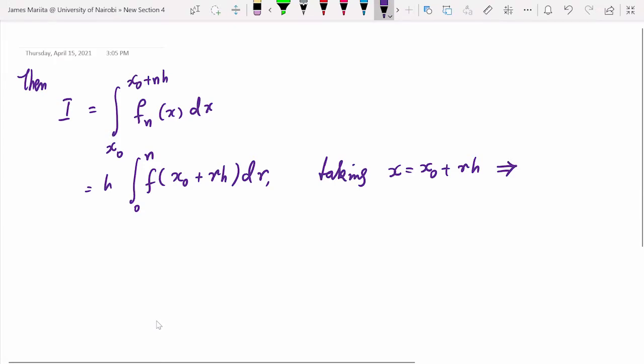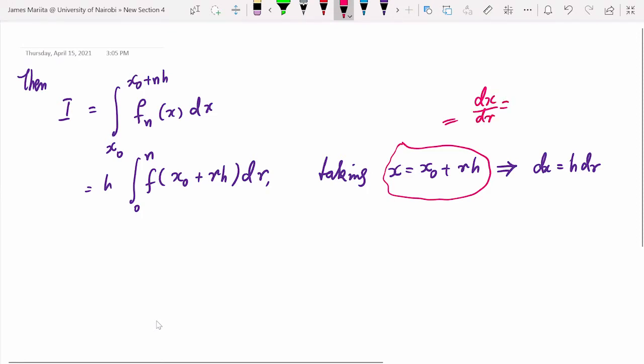Then the rate of change of x with respect to r, dx/dr, will be equal to h, so that dx will be h dr, and this h is the same h that comes out there.